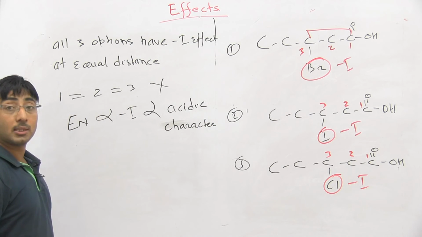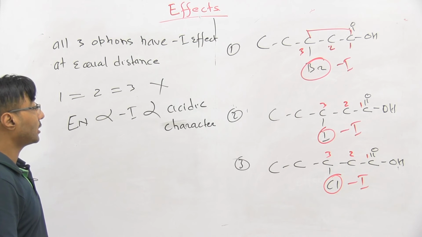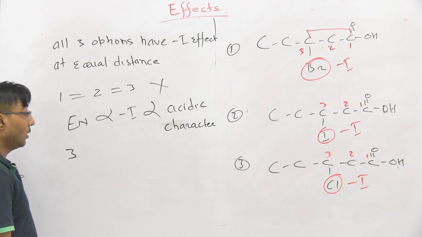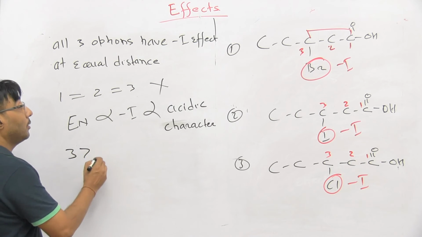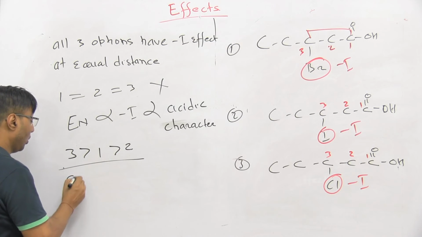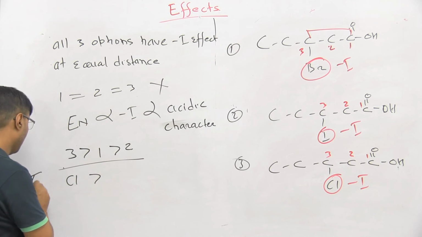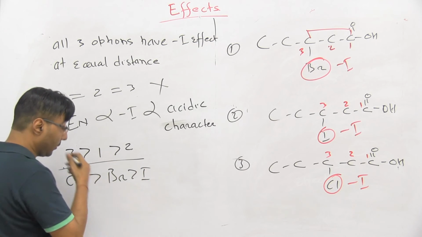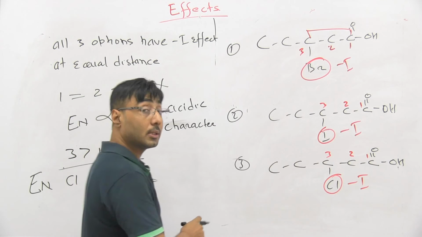Which has the strongest minus I effect? 3 has the strongest minus I effect. Chlorine, followed by bromine, followed by iodine. Chlorine is more electronegative than bromine, which is more electronegative than iodine. So this is the answer.